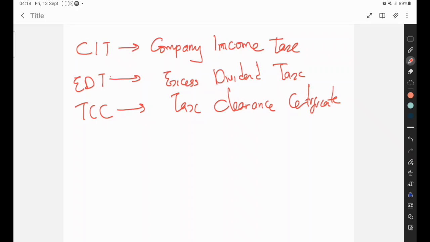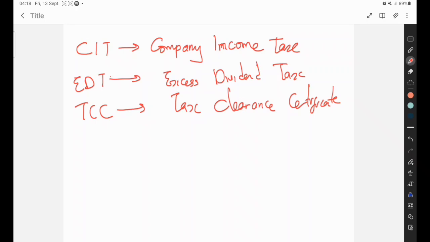All of them have ways of generating their income. The FIRS is the one who helps the federal government to generate revenue from citizens. The state internal revenue service helps each state to generate revenue from the members of the state, and the local internal revenue service helps the local government.